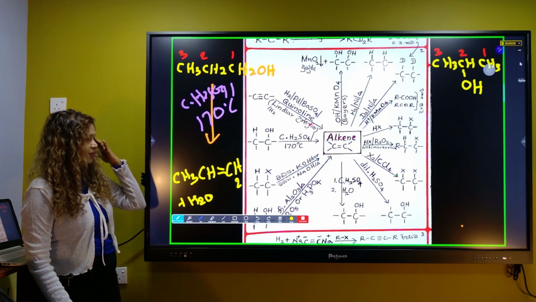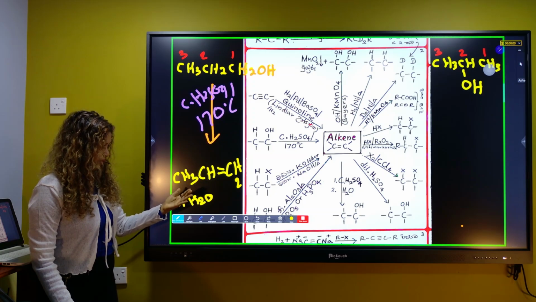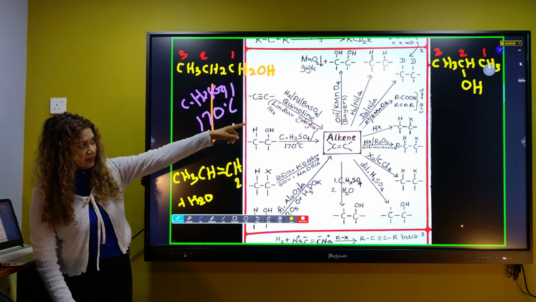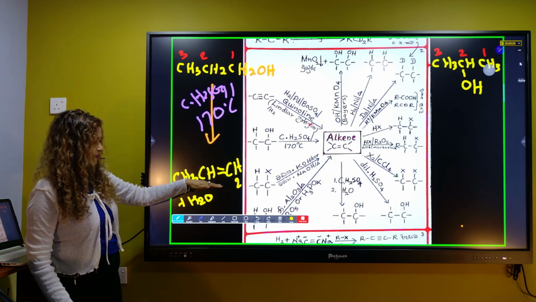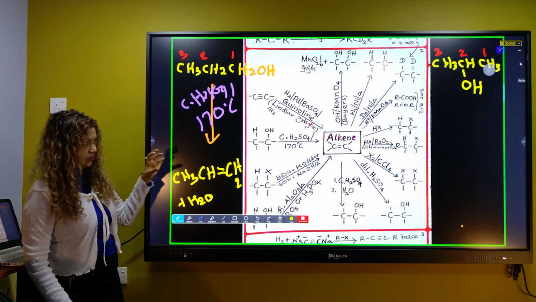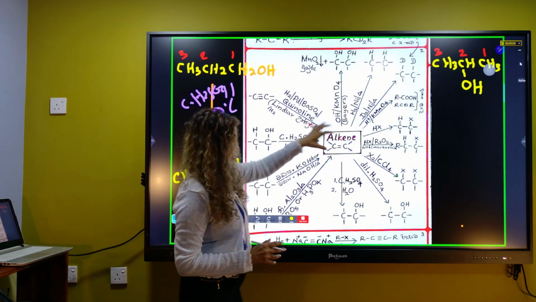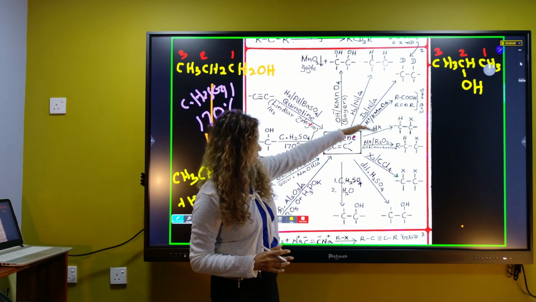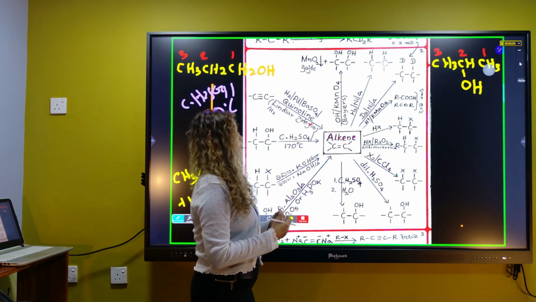Then, is there any straightforward way that I can make the secondary alcohol from this given alkene? I am in the alkene box. Let's say I have all the reactions alkenes do.